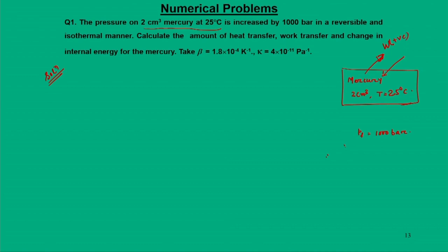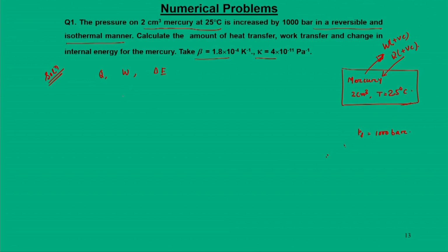When heat is added to the system, it is also treated as positive. Okay. So, based on the data we have for mercury, we have the data beta and kappa. What do we require? We need to find out Q, W and delta E. So, this is a case where pressure is increased in a reversible and isothermal manner.